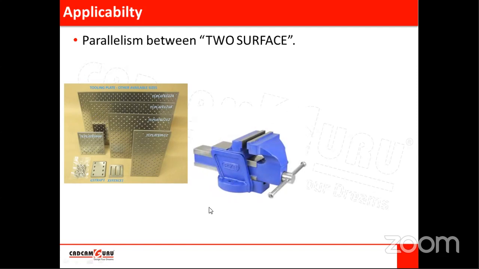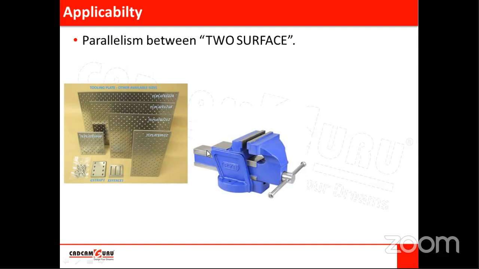One more example is the bench vise. I think you might have worked with this assembly in your first year fitting practicals. Here we use this bench vise to hold the component. In these jaws, we hold the component. We tighten this screw to hold the component, and then we can apply some operations on it.